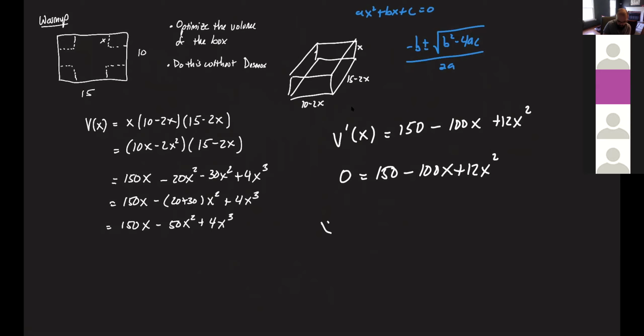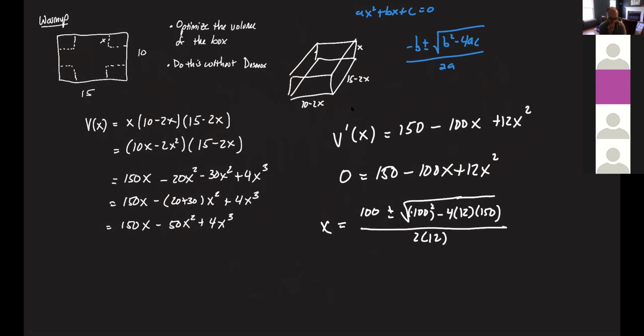My critical values are x equals negative b, so negative negative 100 is 100, plus or minus the square root of b squared, so negative 100 squared minus 4 times a times c, all divided by 2 times 12. So this number right here, 100 plus or minus the square root of this thing.